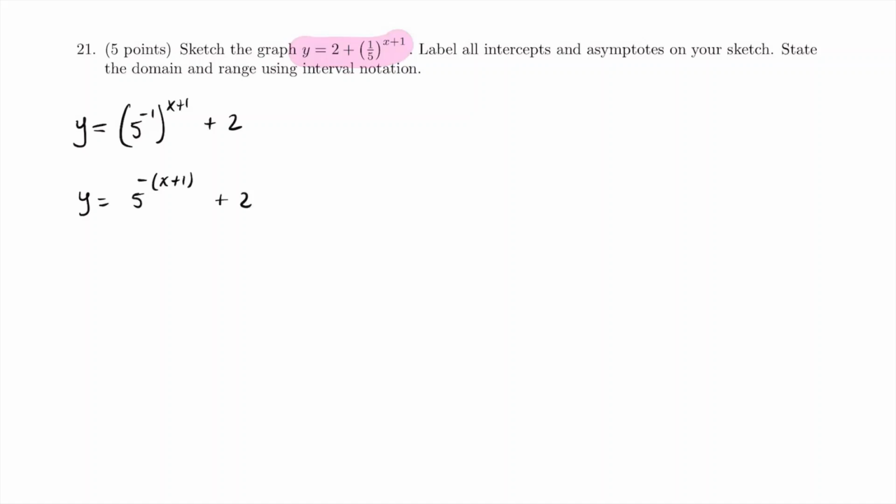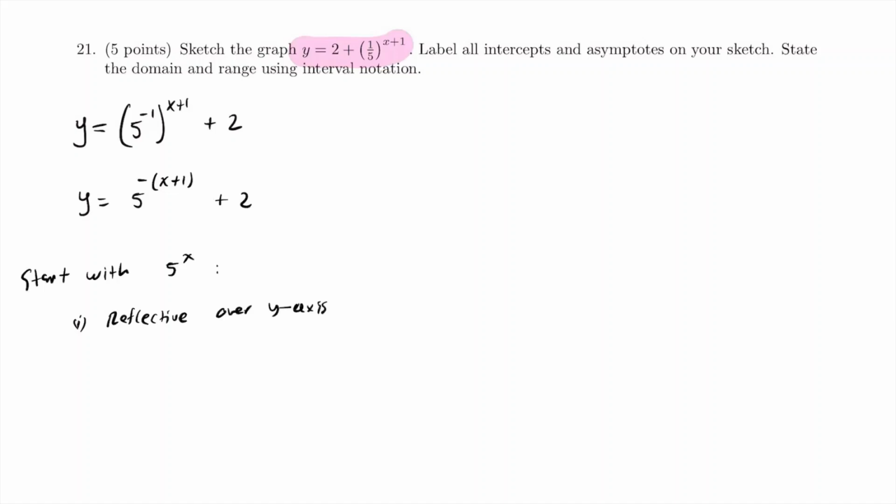So this means that we're going to start with the exponential function 5 to the x, and then we'll apply transformations. So first we're going to reflect. So the negative in front of x represents reflection over the y-axis.